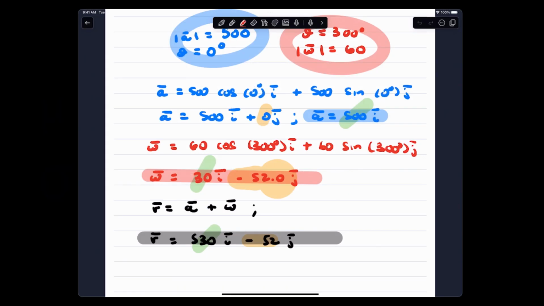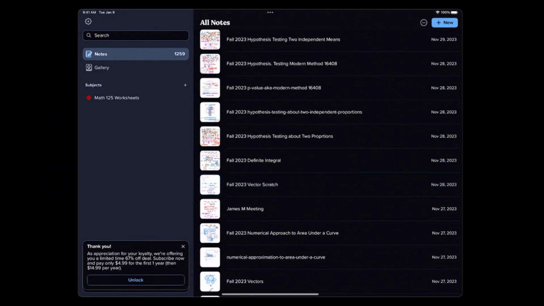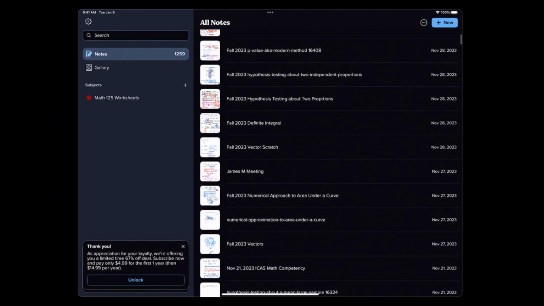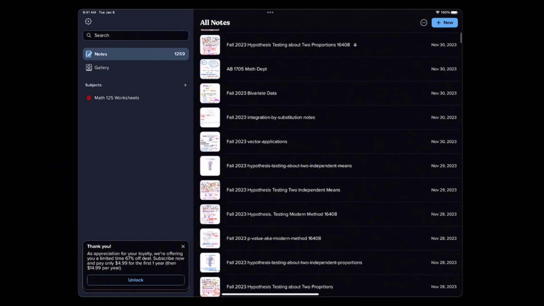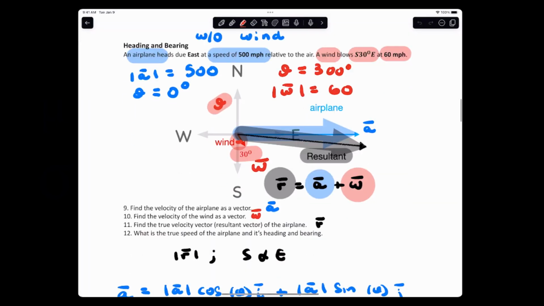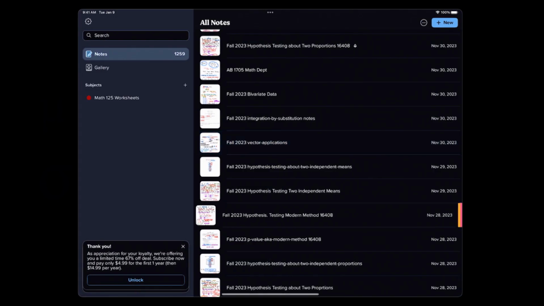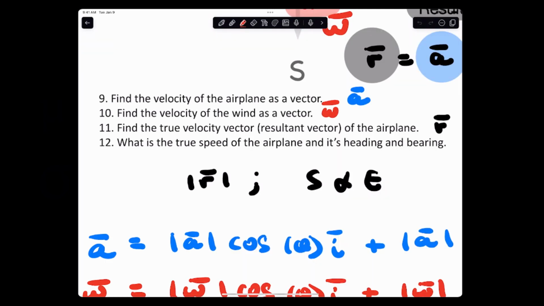So, ladies and gentlemen, go back again. Let's find our vector applications here. Vector scratch. There we go. So notice this was question number 9, 10, and 11 here. So we got 9, 10, and 11. Vector A is 9.